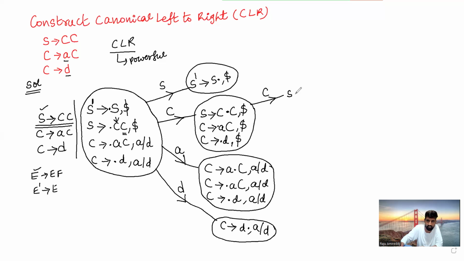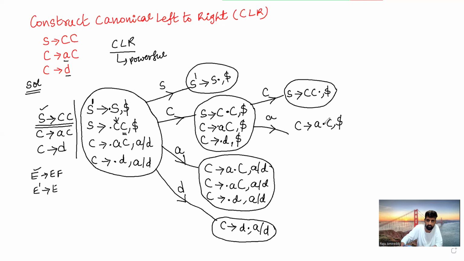So when capital C is there, S tends to C dot C will become CC dot comma dollar. Okay, now what about small a? This small a will become capital C tends to A dot C, A dot C comma dollar as it is. So the first instruction we must write as it is.